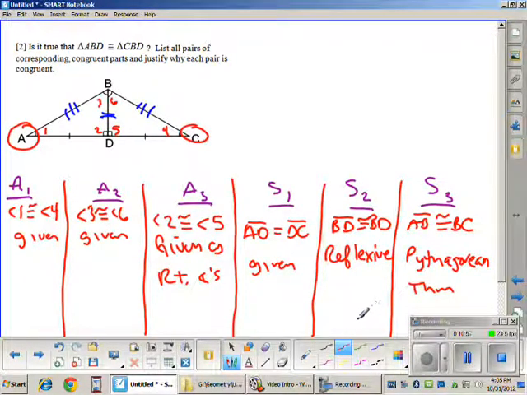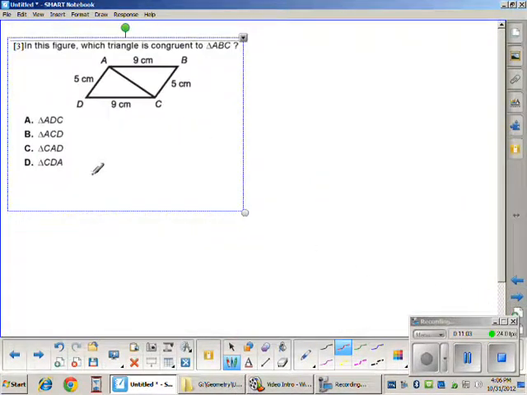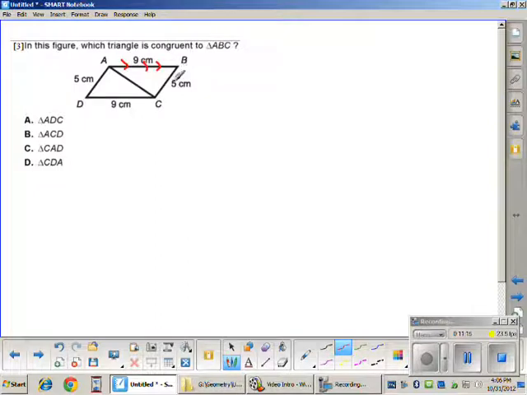Alright, so here's number 3. In this figure, which triangle is congruent to triangle ABC? So we have A, B, C. So A traveling over to B and then down to C, and then of course back over to A. So we're going to be trying to follow a similar path. This question is really all about, do you recognize that the order matters when you're naming these things?